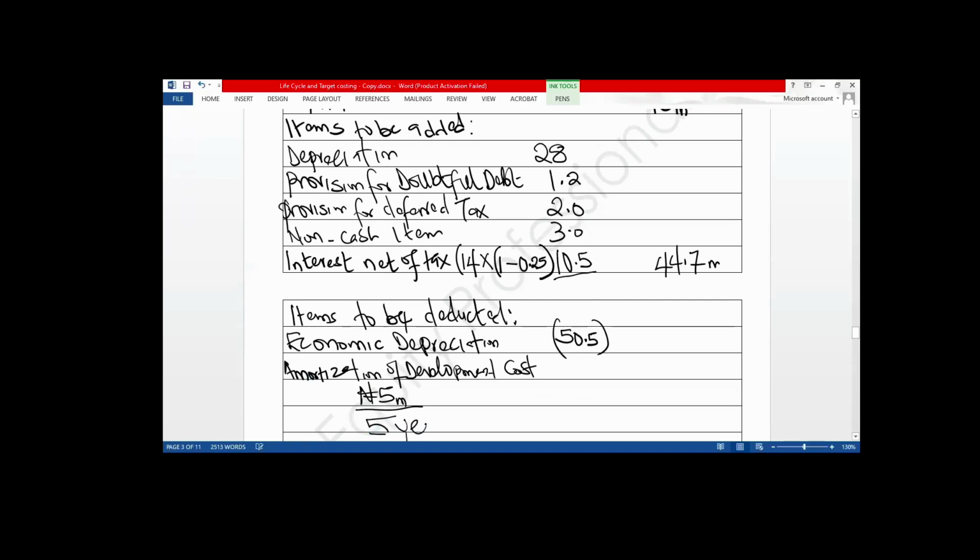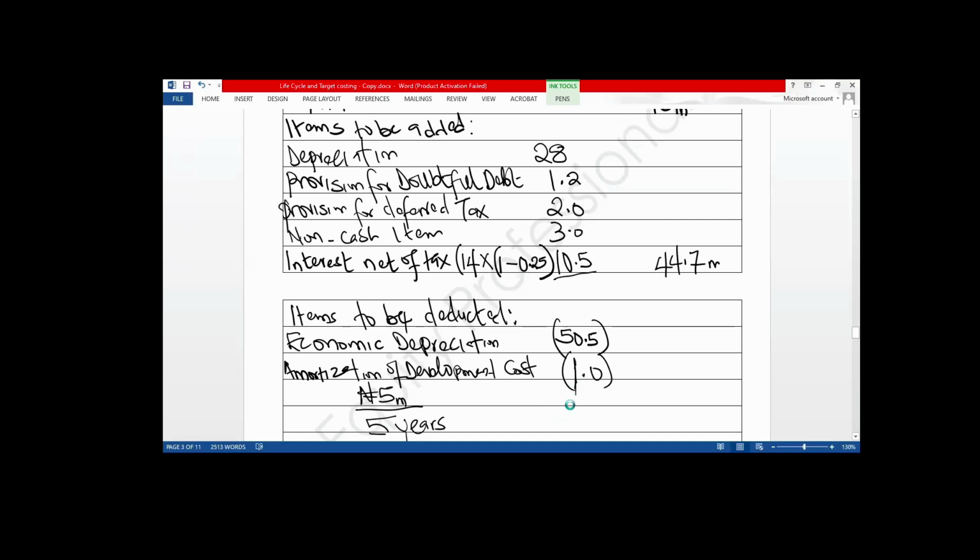This cost will be spread for 5 years. 5 divided by 5 will give us 1 million. 1 million naira will be charged to year 2020 cost. That is how to amortize development cost.